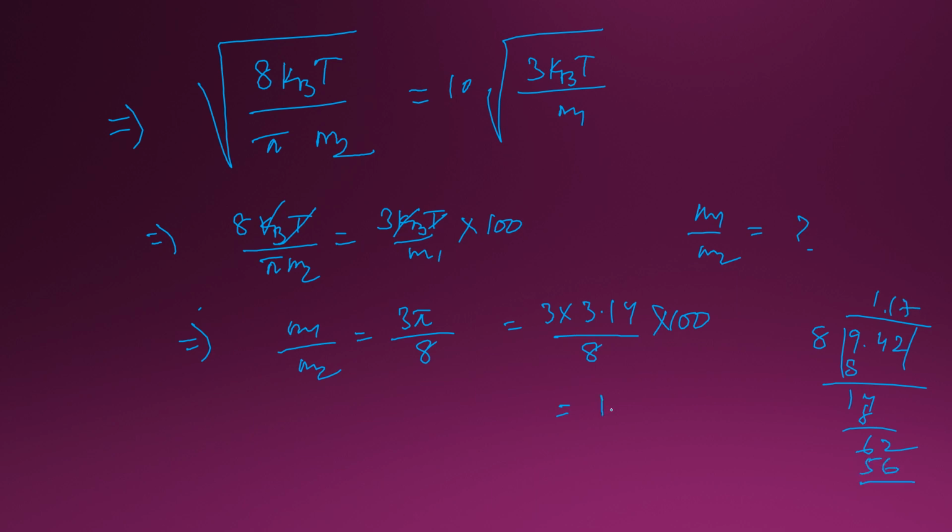So it's around 117.7. Calculate the nearest integer, it's that, na? Yeah. So you have to write 118 as the answer. M1 by m2 is equal to 118.